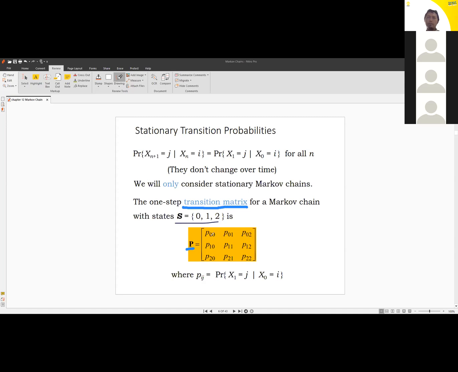For example, P00 is the transition matrix element representing the probability that condition 0 becomes 0 again. Is it possible? Of course, it is possible in many scenarios.